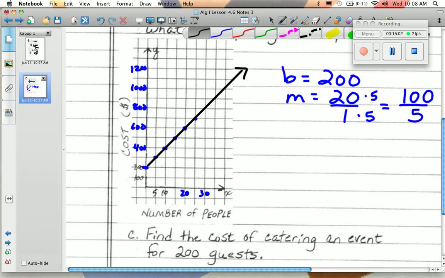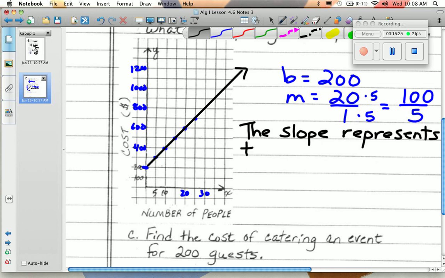Okay, now it told us to tell what that slope and that y-intercept represent. So let's start with the slope. What does the slope tell us? $20 a person. Yeah, the slope represents the cost per person. We don't even have to say the 20, it's okay.